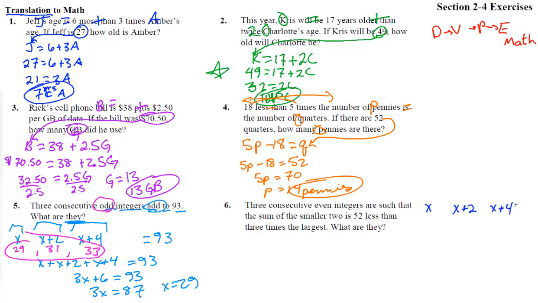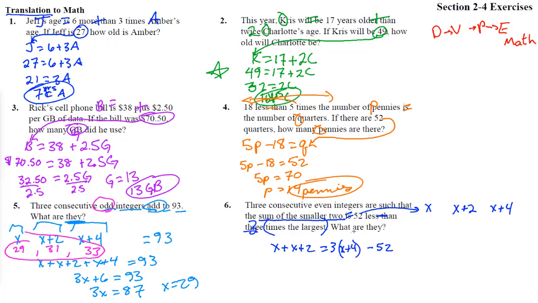Okay, so those are the three consecutive integers such that the sum of the smaller two, so this is going to be x plus x plus 2, is, that's an equal sign, 52 less than, remember that subtraction, but that goes over there, 52 less than 3 times the largest. So 3 times the largest, x plus 4.